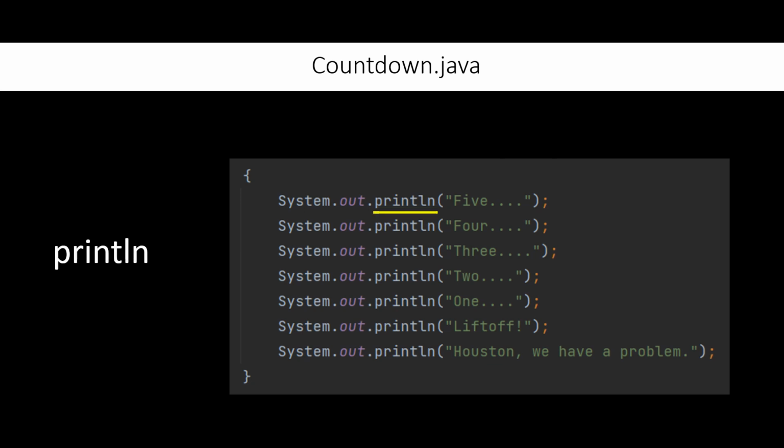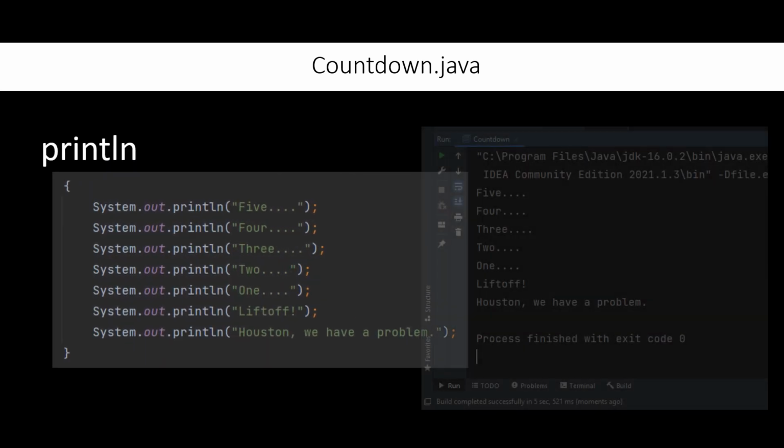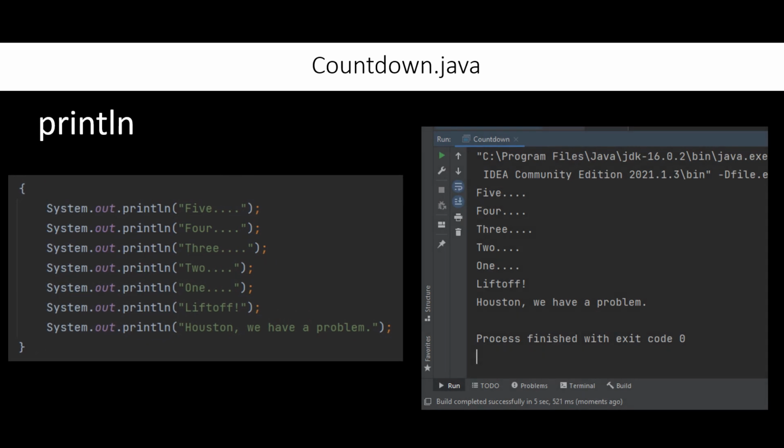It tells Java that we want whatever is in the string to print, then go to the next line and print the next set of instructions. So you can think of print line as just that: just print the line of code and then go to the next line. So we have 5, then the next line 4, then the next line 3, and so on.